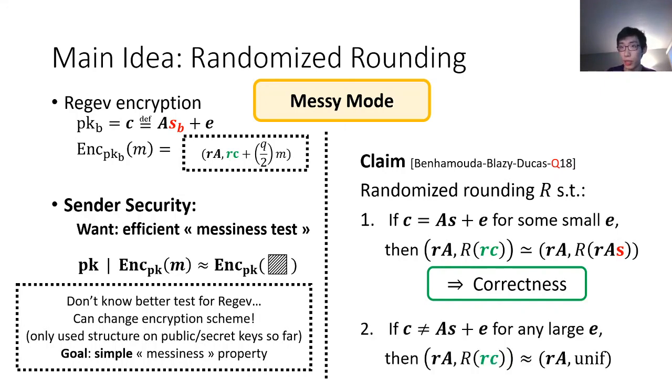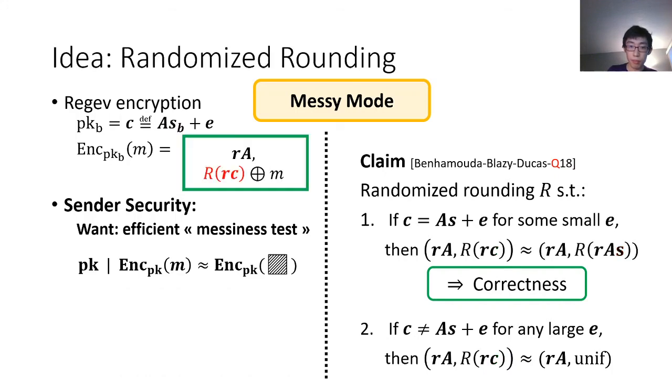The second property that this randomized rounding achieves is that the rounding is actually uniform if C is not a valid public key in some sense. So that gives a somewhat natural way to set up our encryption scheme.